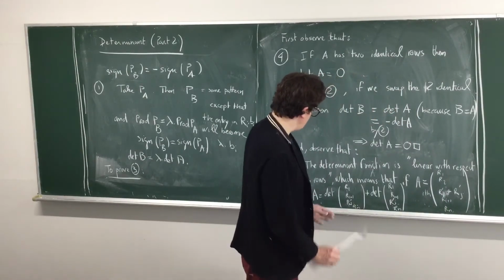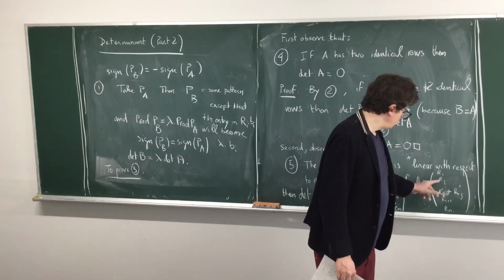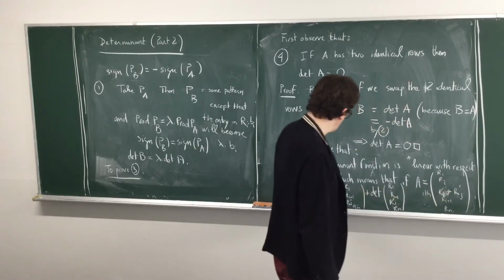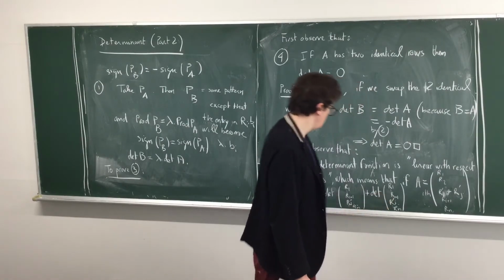So that's what I mean by being linear with respect to rows. It means that if I can write one row as a sum of two rows, then the determinant will be the sum of the determinant of the first row and the second row.